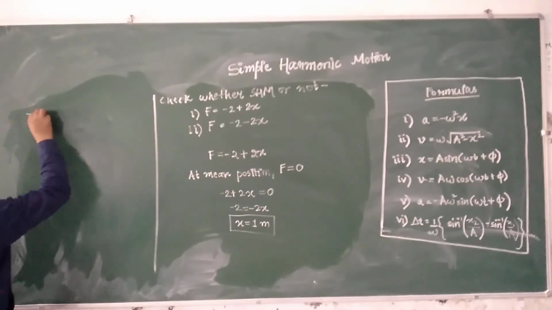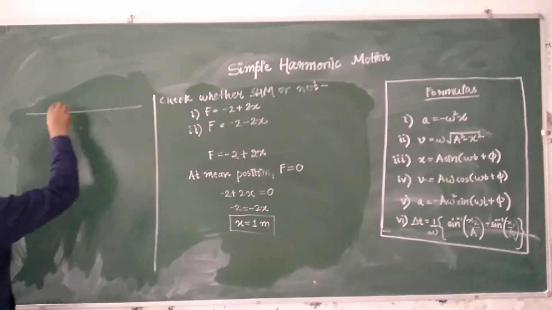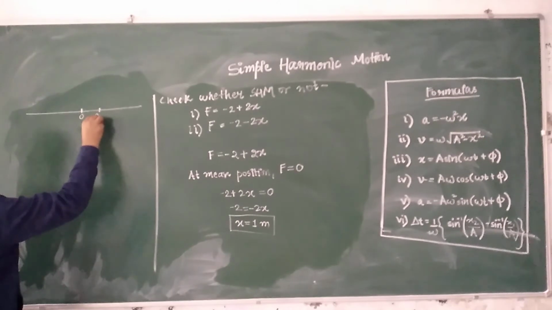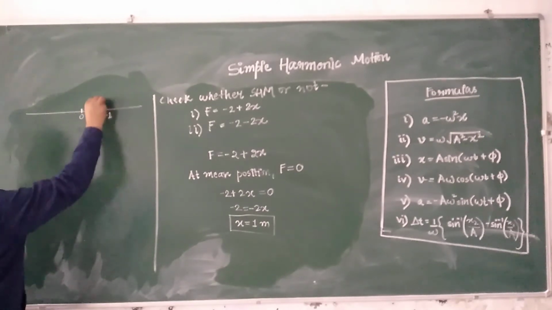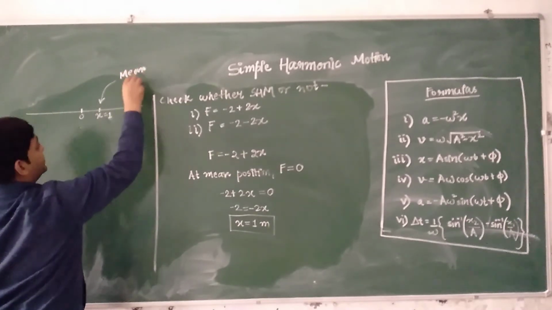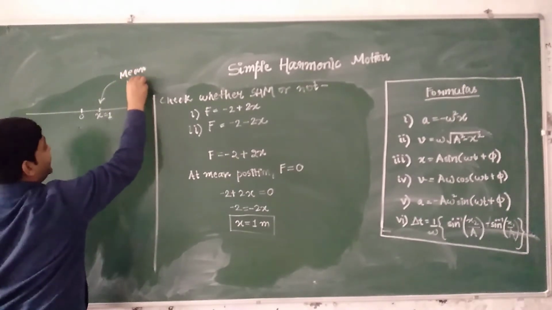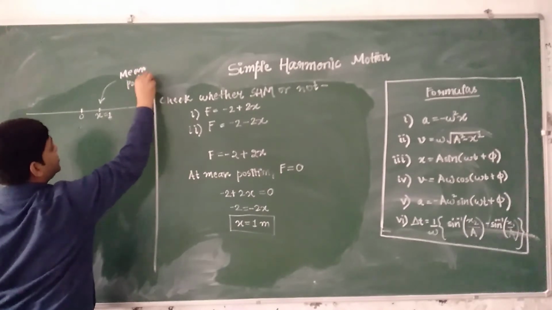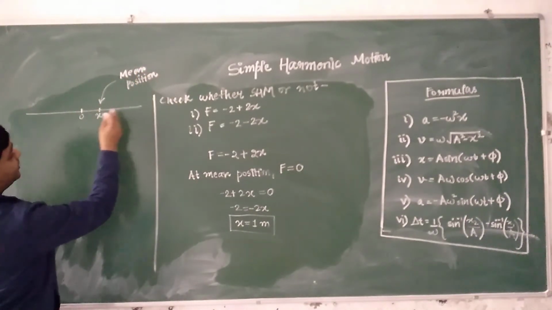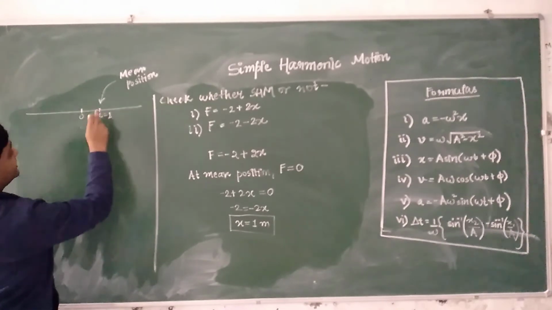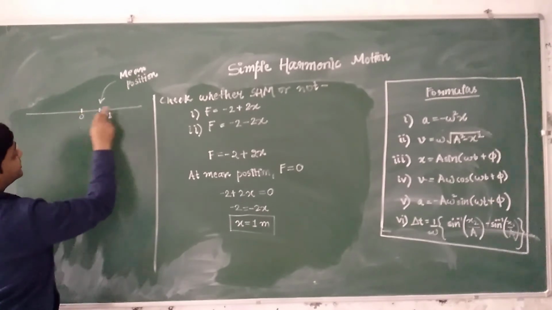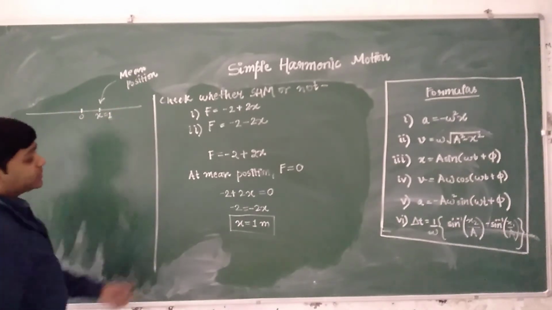If we draw an x-axis, this is x is equal to 0 and this is x is equal to 1, the mean position of the particle. It is important to note here that x is equal to 0 is not the mean position. x is equal to 1 is the mean position. The particle is executing SHM about x is equal to 1, like this, right?